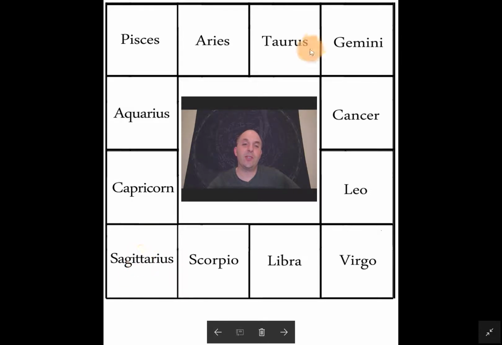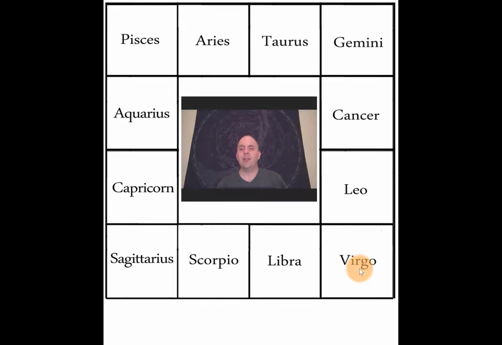If Jupiter, the Lord of Sagittarius, is in Gemini, well, that is in a natural enemy sign. So that's going to be a difficult place, no matter what, with Jupiter as the Lord of Sagittarius in Gemini, or Jupiter as the Lord of Pisces in Virgo. Both of those situations are going to be difficult for that Jupiter to manifest its energy.